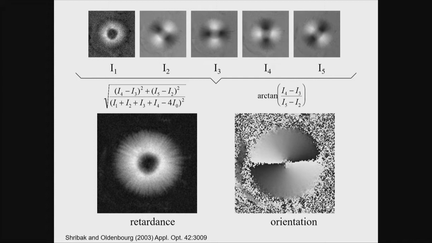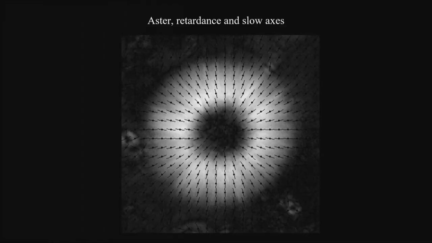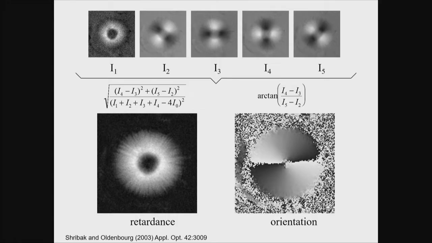Out of these 4 images, you can generate the 2 images that tell you how much anisotropy there is and in what orientation. This is another way of representing it more intuitively. The orientation image looks a little funny because polarization is a tensor, or an orientation.